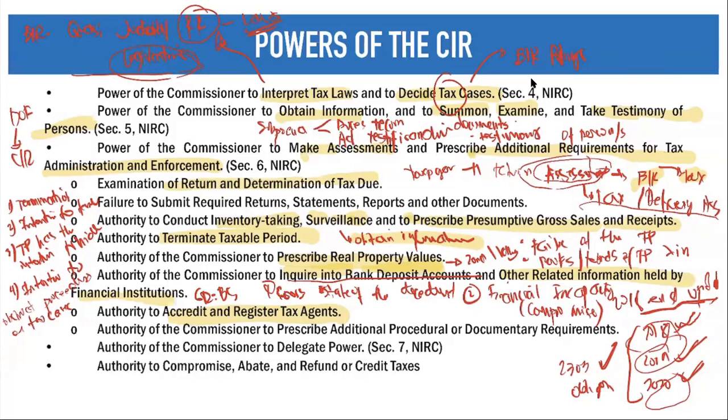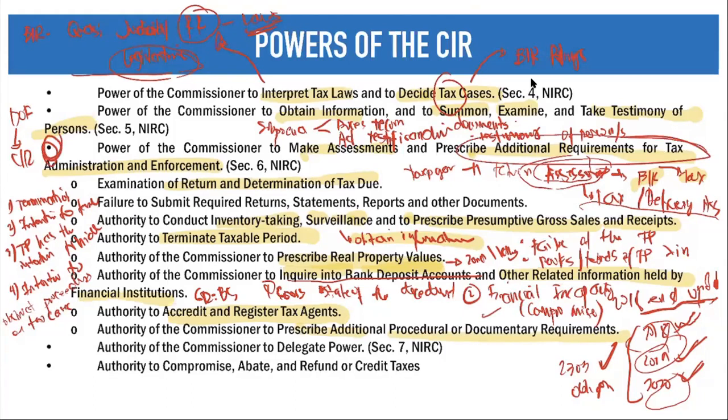So if ever there is any decision made by the CIR which you think should be appealed, then you can raise it to the DOF, Department of Finance, or the Secretary of Finance, or you can raise it to the courts. Next, the authority of the Commissioner to prescribe additional procedural or documentary requirements. You already know this one. We have discussed it under the third one.